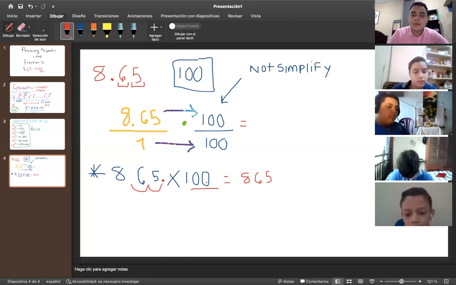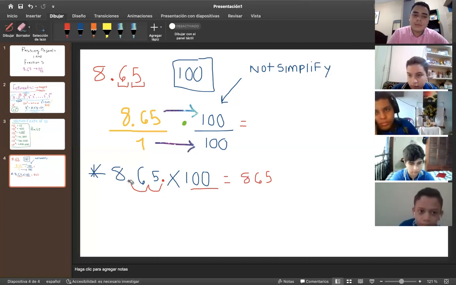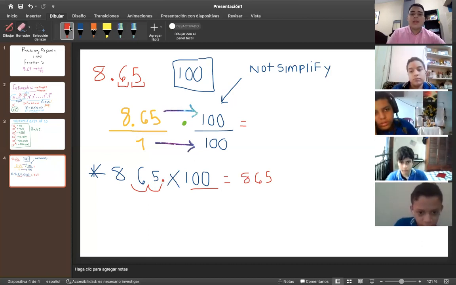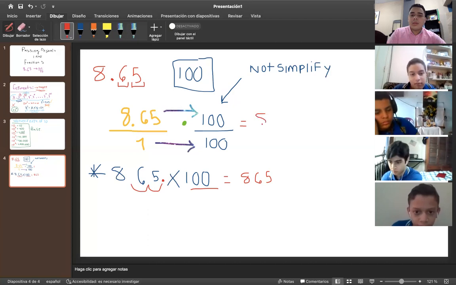We have 2 zeros, so we move the decimal point from here, 1 and 2, to here. And we erase the decimal point from here and copy the decimal point in here, okay? So this one times this one is going to be 865.